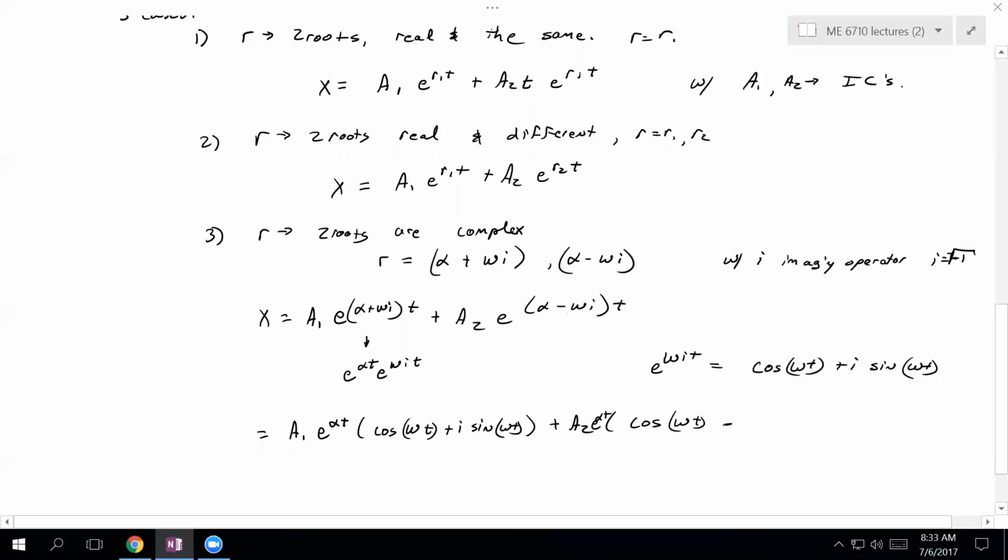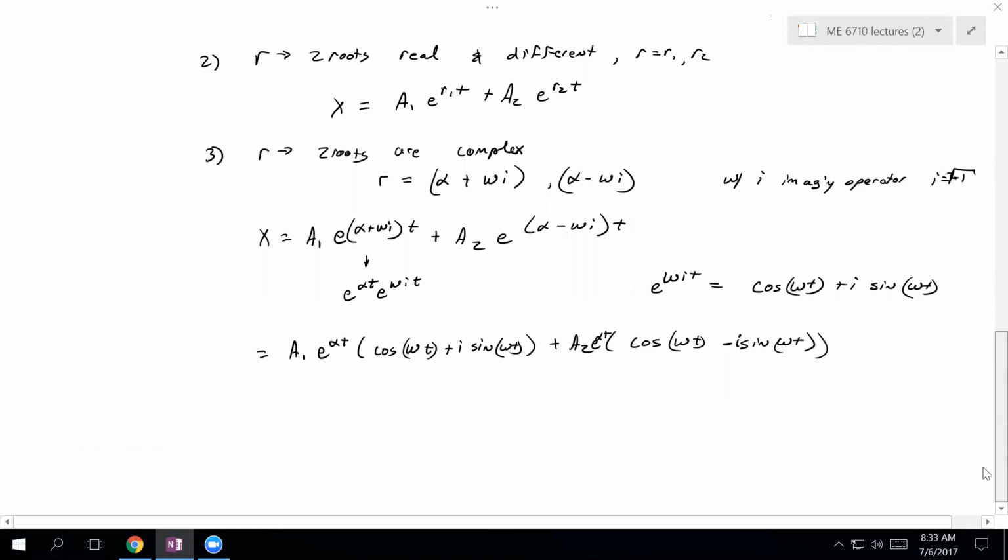But then the sine of negative omega t is a negative sine omega t, and there's an i there. Okay, we can rewrite this again, and I'll pull the cosines together and the sines together.